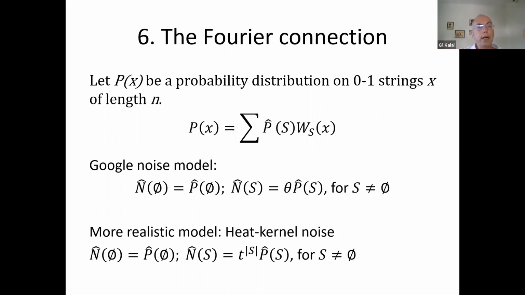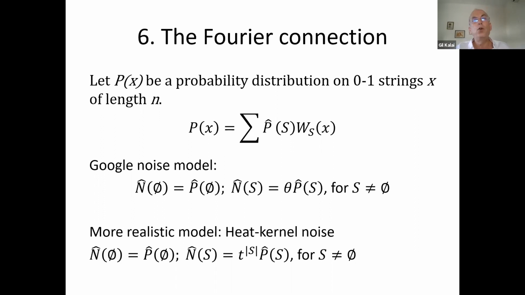And of course, the basic property is that every function p can be written as the sum over s of p hat of s times w_s of x, where p hat of s is the Fourier coefficient and w_s of x are the Fourier-Walsh functions. And here the sum is over all subsets of 1 up to n.